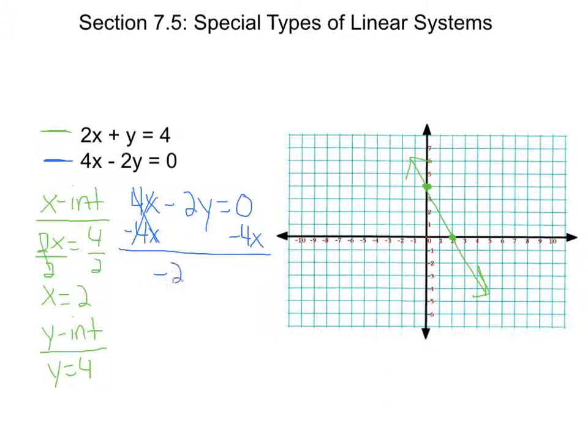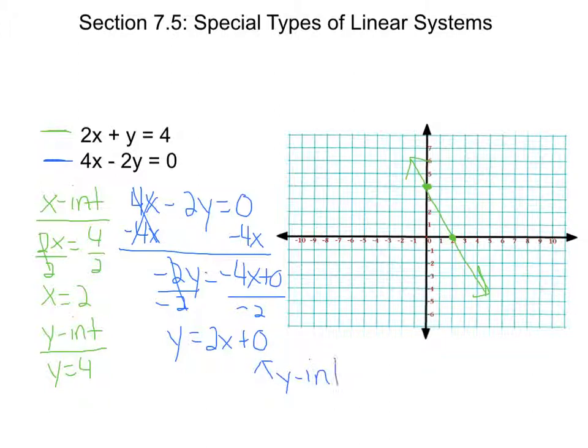So we have negative 2y equals negative 4x plus 0. And then we're going to divide by a negative 2. So we have y equals, and I apologize, my dogs are making noise. We're going to have negative 4 divided by negative 2, which is positive 2x plus 0. So remember, this is your y-intercept, and this is your slope.